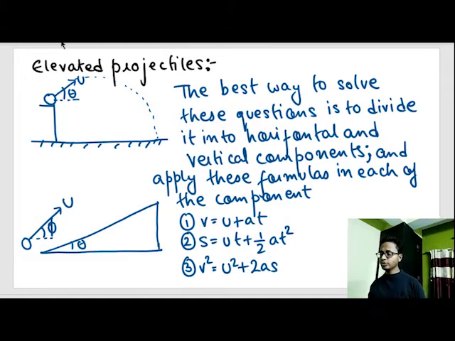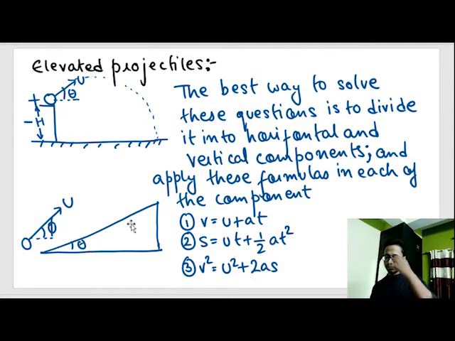So tell me, if the coordinate origin is assumed out here, in this case, what is the displacement? Displacement is minus h, and acceleration due to gravity, or a, is minus g out here.